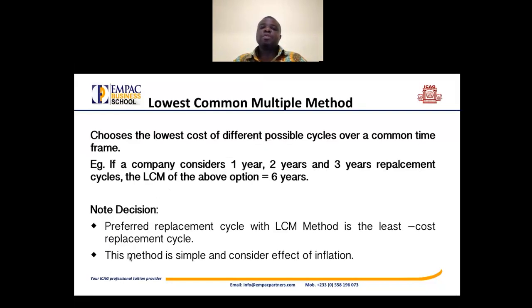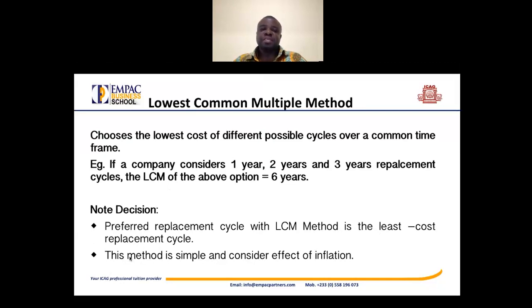Now when we look at the other method, which is the lowest common multiple method, you remember when we were in lower primary, we were taught LCM. We are given a certain set of numbers and asked to determine the lowest common multiple of those numbers.